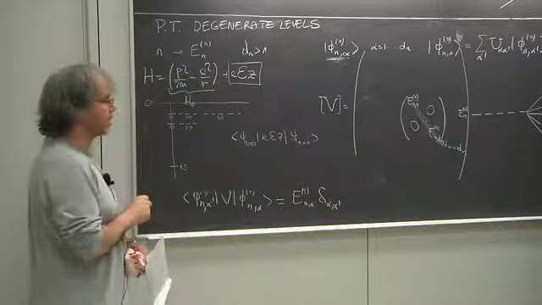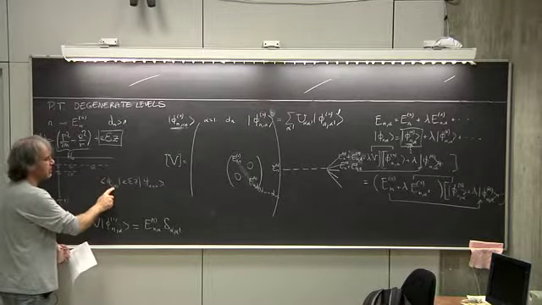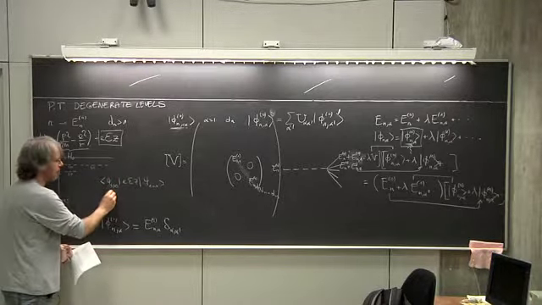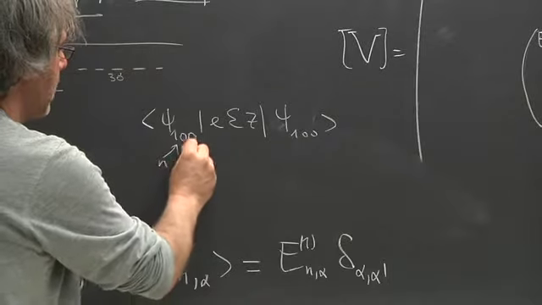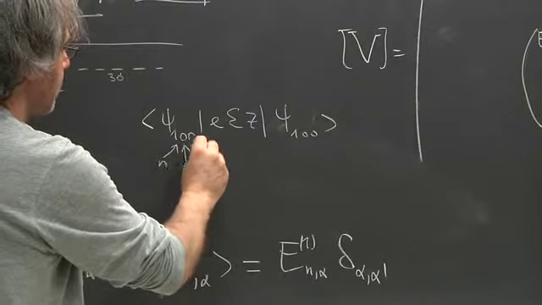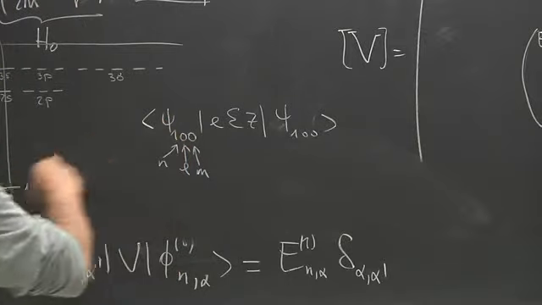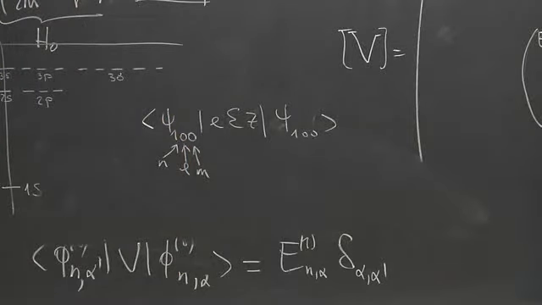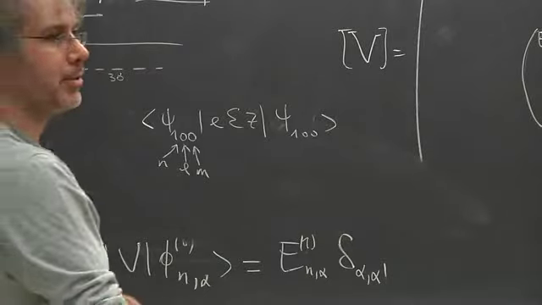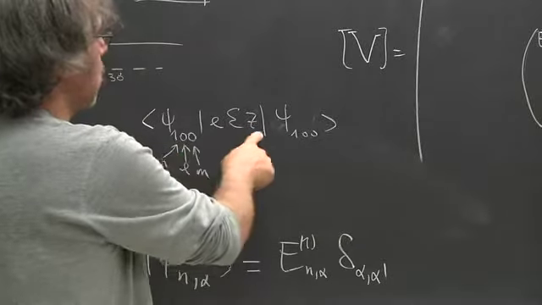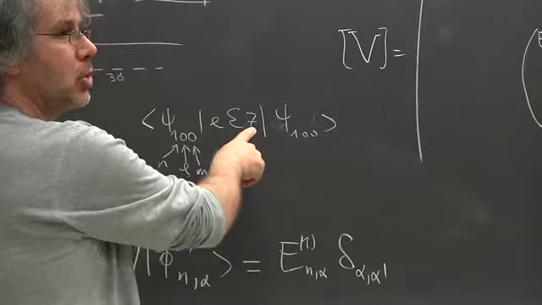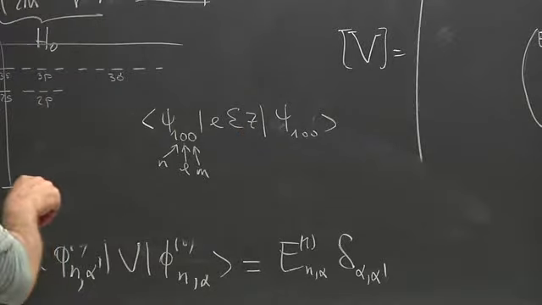Remember, the first index is n, the second is L, the third is M. So this is the 1s state. How much is this? Zero. Usual argument, even, odd. So you see, to first order, this is completely untouched.